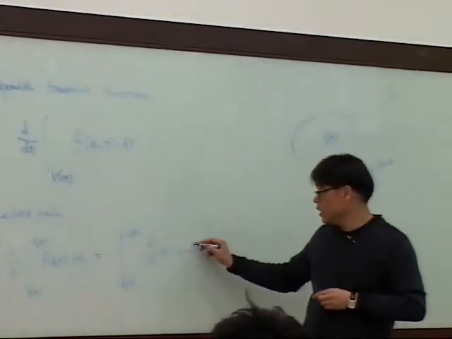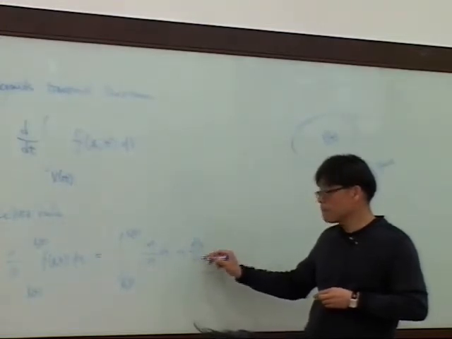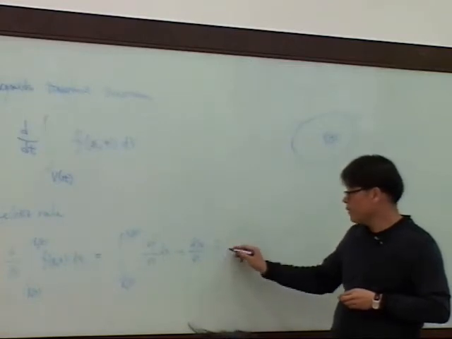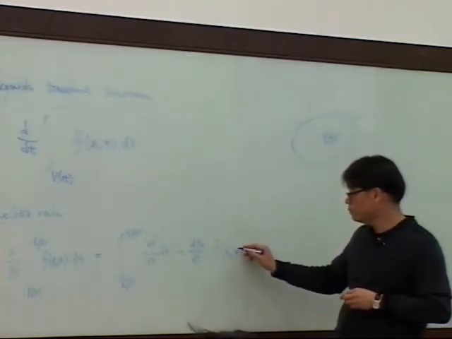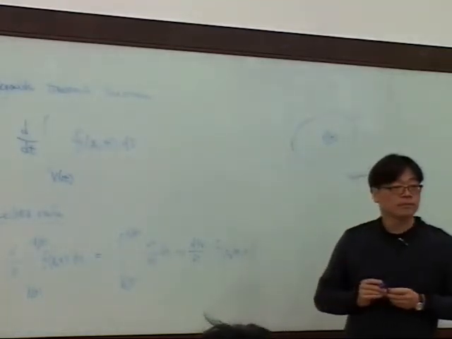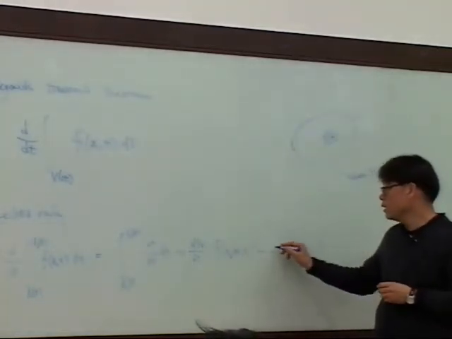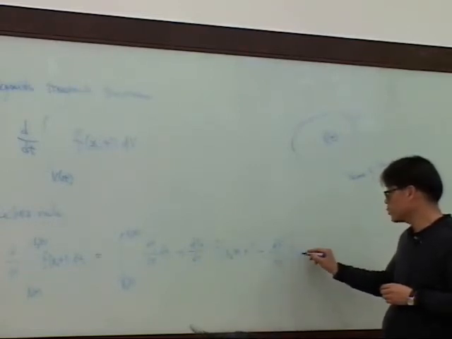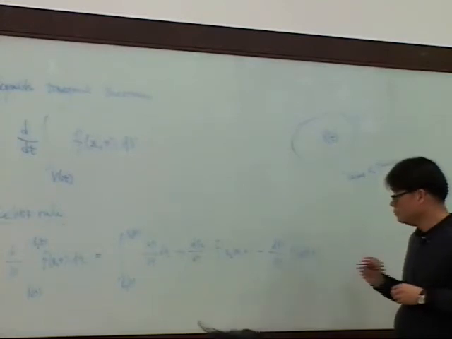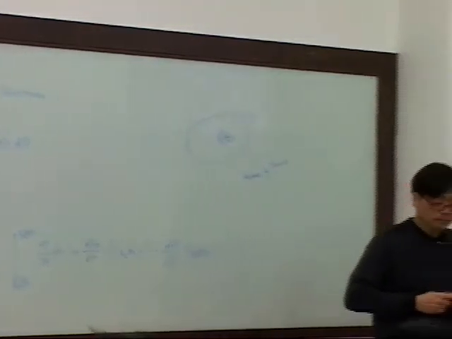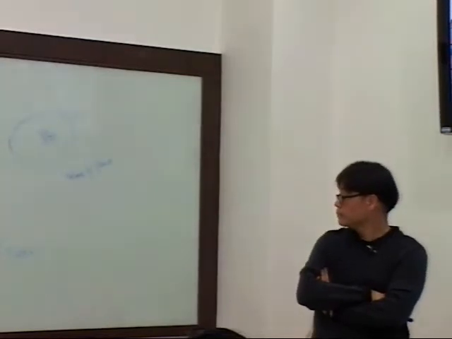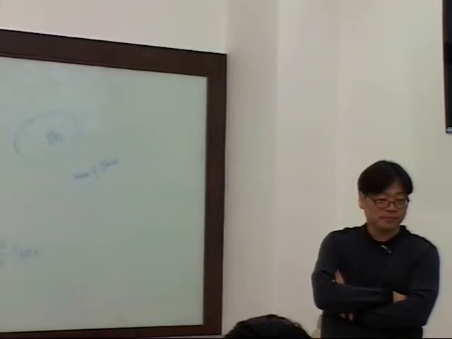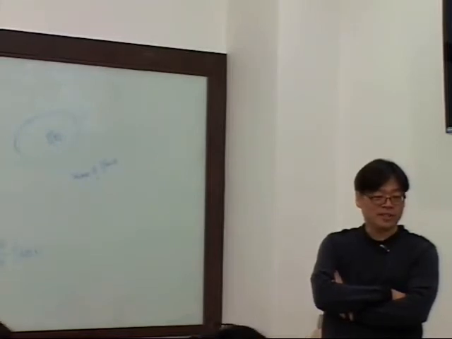So what we do is dx2/dt times f evaluated at x2, minus dx1/dt times f at x1 and t. I hope you have seen this in your calculus class, right?